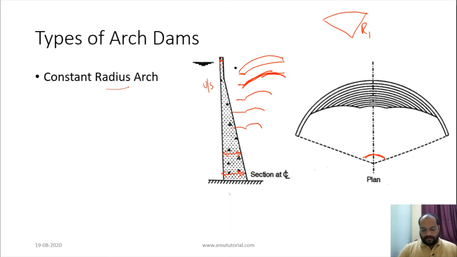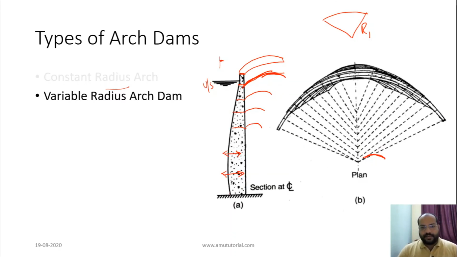But in variable radius arch dam, since the radius is changing, the upstream face is not vertical, it is also curved.